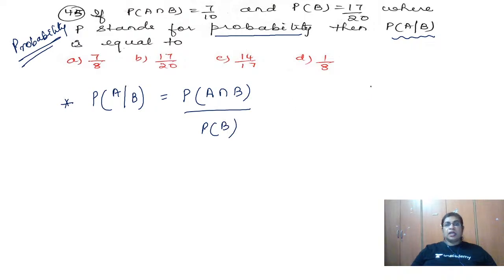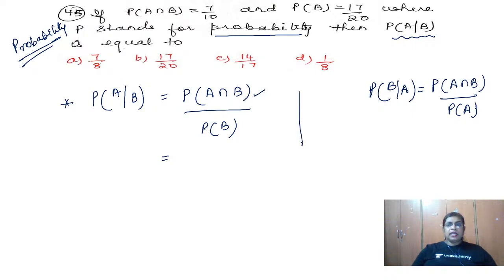Now suppose the question was P of B given A. You have to understand this concept. It is nothing but P of A intersection B divided by P of A. Here it is given to me directly.